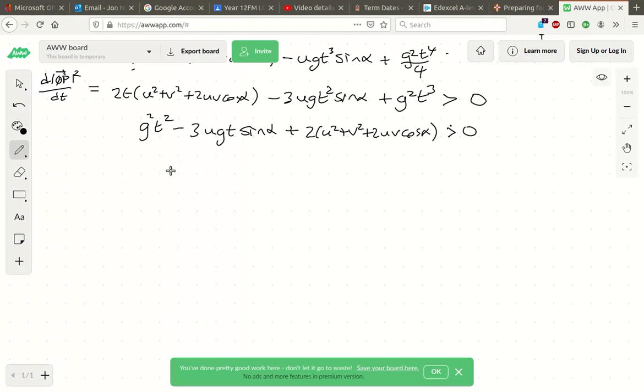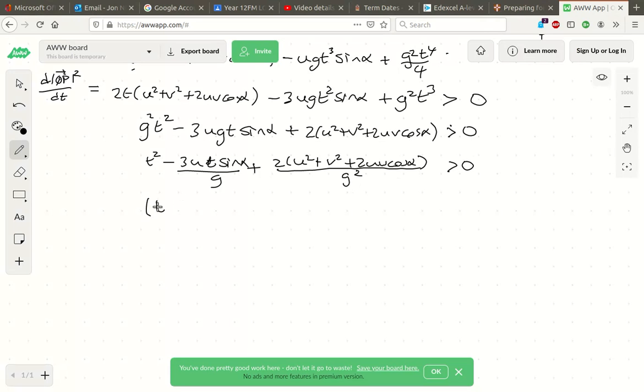So I end up with, let's see, if I complete the square on this, I'm going to divide by g again: t squared minus 3u t sine alpha over g plus 2u squared plus v squared plus 2uv cos alpha over g squared is greater than 0.